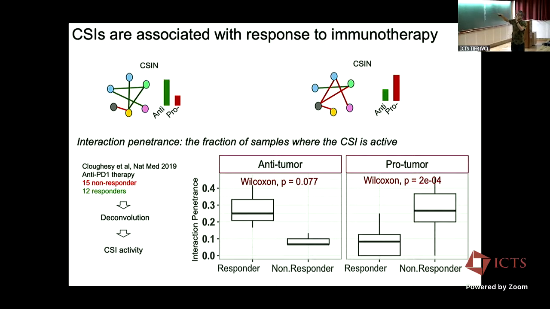This is just showing that the existence of our interacting pairs in a sample can help us predict something, right? So there's only one data set in IDH mutant glioma, anti-PD-1 therapy, 15 non-responders and 12 responders, and it adds up. The pro-tumor are enriched among the non-responders, and the anti-tumor CSIs are enriched among the responders.